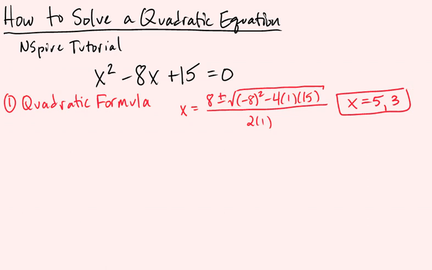Now, because those answers are so nice, the second method, which maybe some people do first, is they try to solve by factoring. And unfortunately, factoring doesn't always work, but if it can, it's definitely an easy method. If you recall, for a simple quadratic like this, you would ask yourself what multiplies to 15 and what adds to negative 8. And you think, oh, I know that's negative 5 and negative 3. But those are not the solutions.